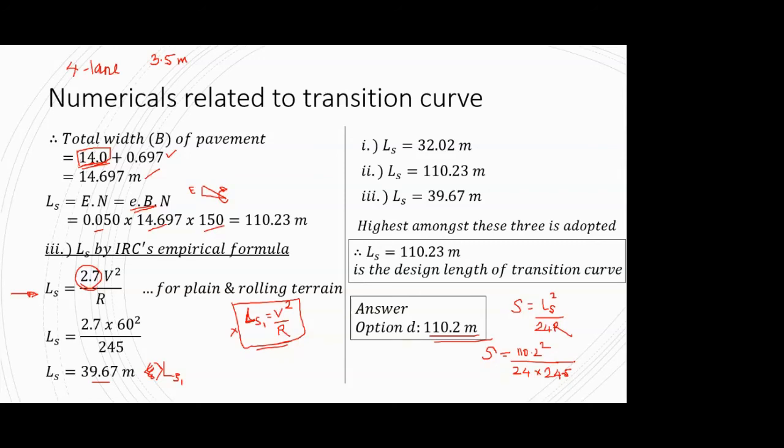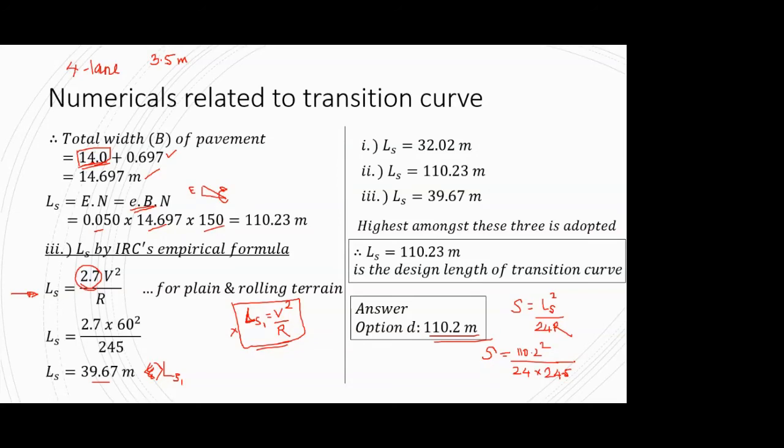This transition curve is also a curve, though it doesn't have a complete circular curve radius, and you have to set it out on field during construction. To set it out, you need some parameters such as the deflection angle and the shift. Based on that, you can set out this curve on field.